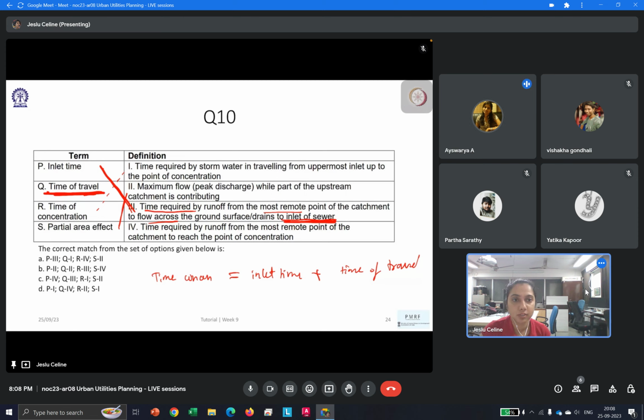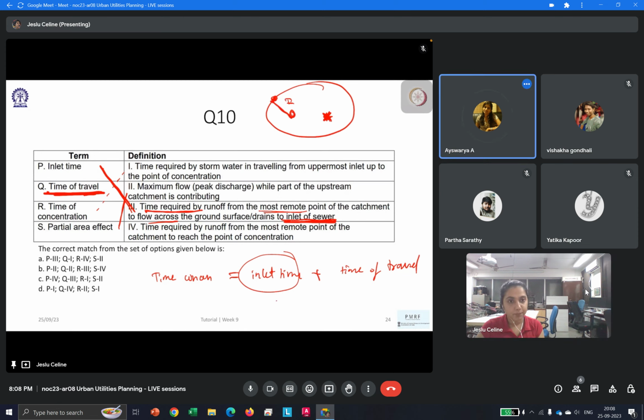So you have a catchment, and an inlet over here, and your point of concentration, where you're probably keeping your rain gauge or measuring. From the most remote point till the inlet becomes your inlet time.